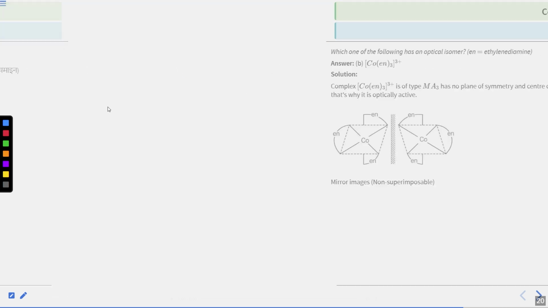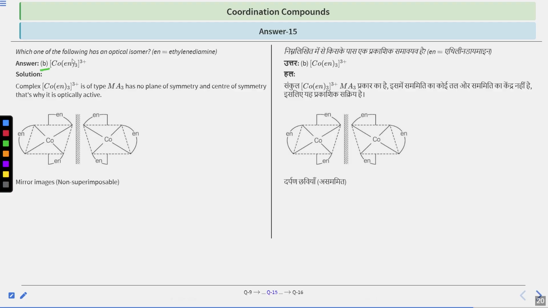Okay, let's see. The correct answer is option B, that is cobalt en thrice 3 positive. So this complex is of type M(AA)3 because only ethylene diamine, a bidentate ligand, is present, and it has no plane of symmetry and no center of symmetry, and that's why it is optically active.